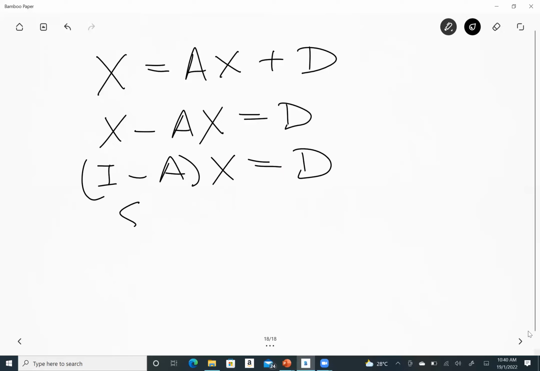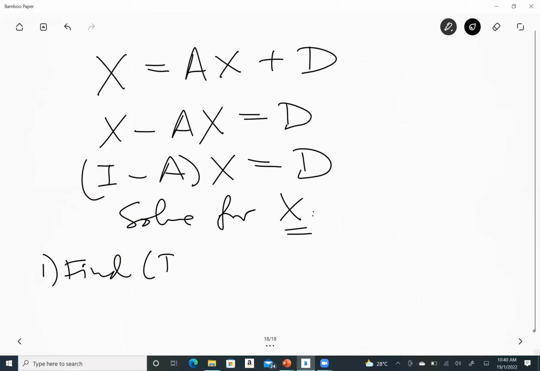I need to solve for X, to find the quantities each industry must produce to satisfy the use and the final demand. So I need to find the inverse of I minus A, because X equals the inverse of I minus A multiplied by D.